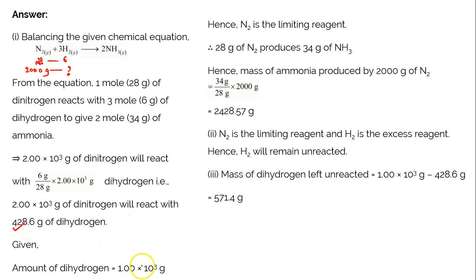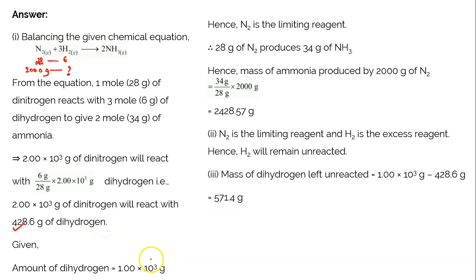So you have 1000, but you require only this much. You are having 1000, out of which 428.6 is to be used, and the rest of the hydrogen is going to be excess. So now we have to conduct the reaction between this 428.6 grams of hydrogen and 2000 grams of nitrogen.